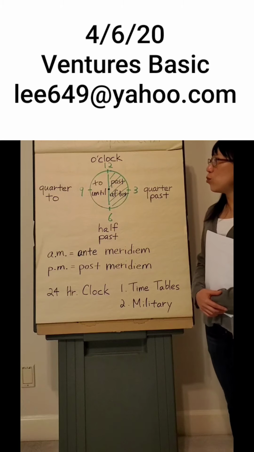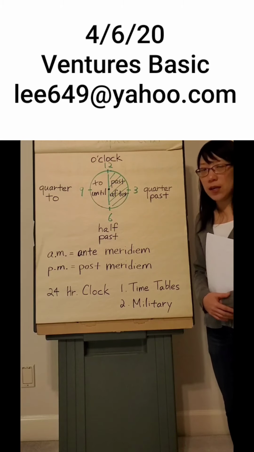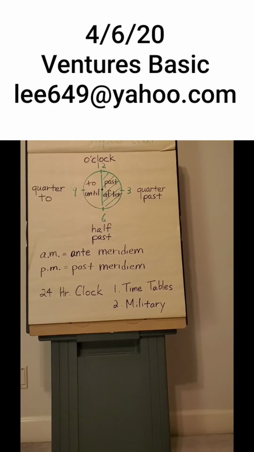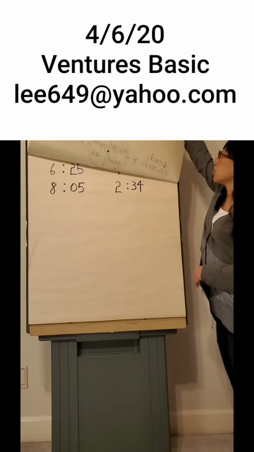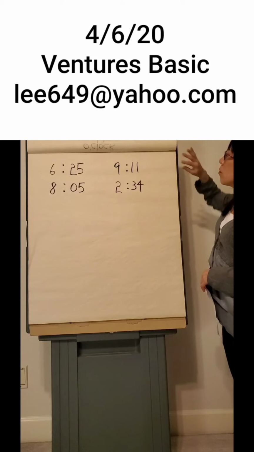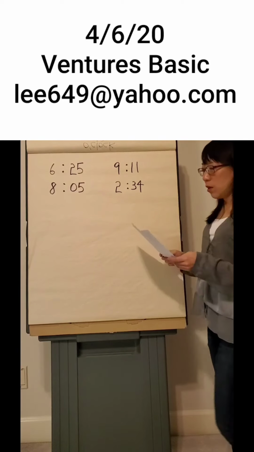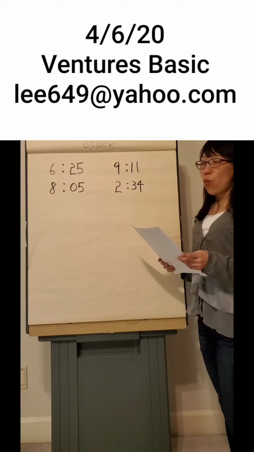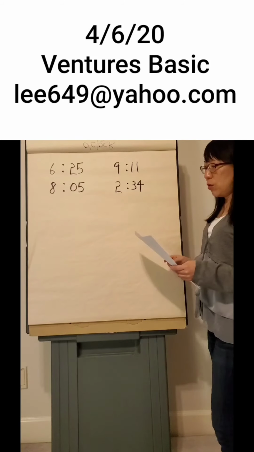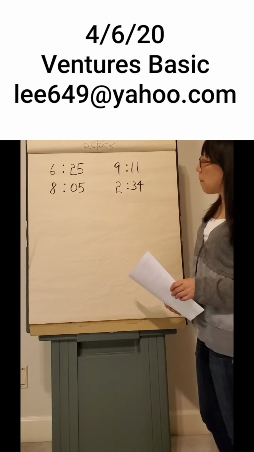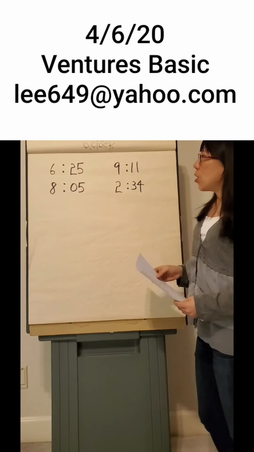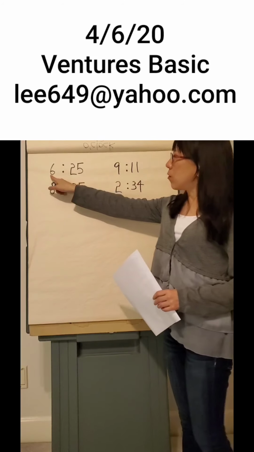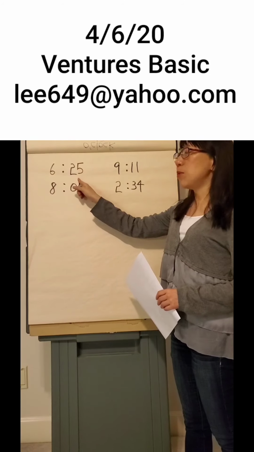And there are two easy ways. There is more than one way to tell the time. The easiest way would be you say the hour first and the minute later.